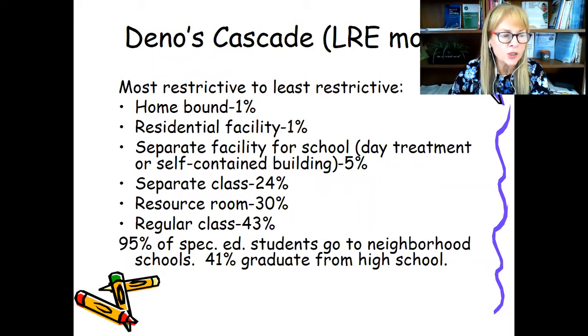This brings us to the importance of the least restrictive environment. If a parent asks you, what is your philosophy of inclusion? Or how do we determine placement of a child? The immediate and short answer is the least restrictive environment, LRE. Every child is unique.